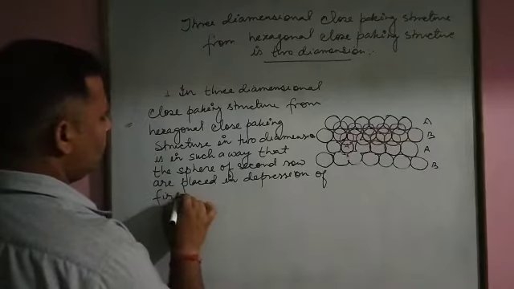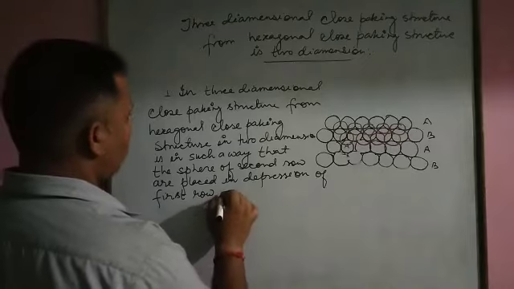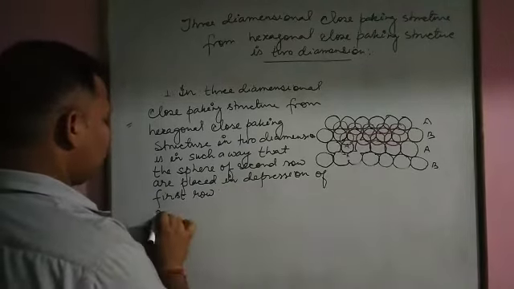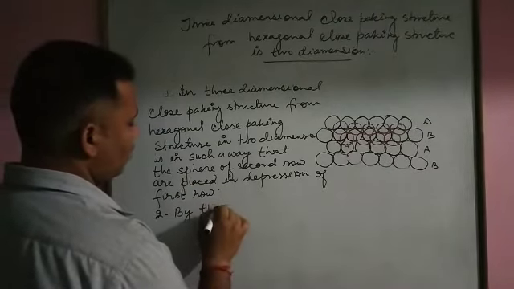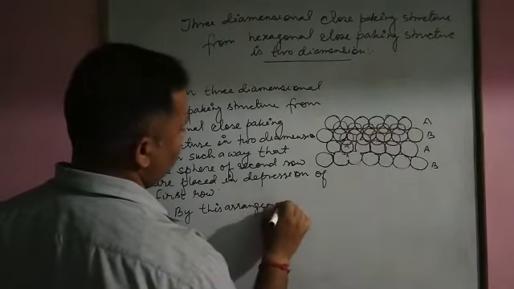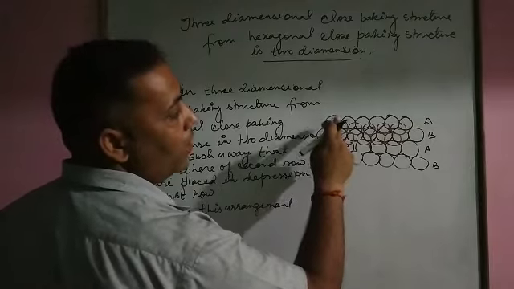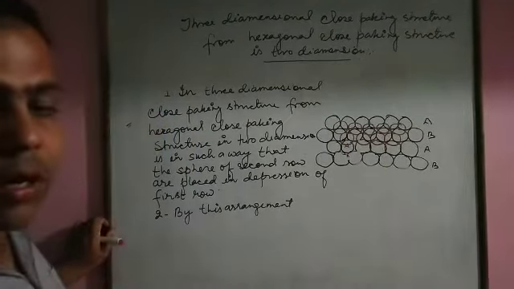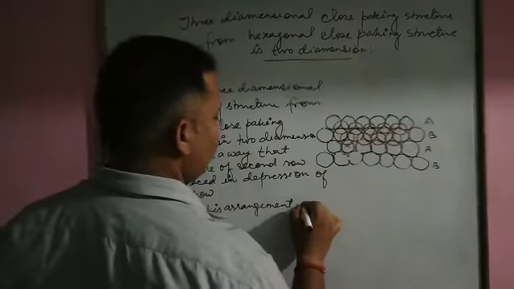By this arrangement, we see that the second layer is not aligned to that of the first row. It means it is of AB type.